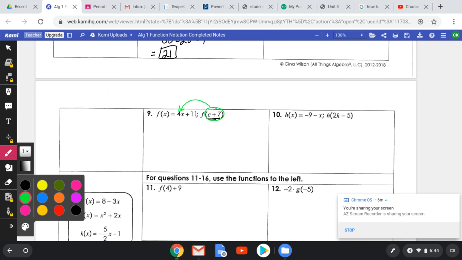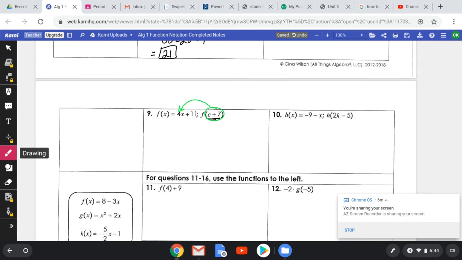So what that means is that instead of having 4x plus 11, I'm going to replace x with c plus 7. So this is really going to be 4 times the quantity c plus 7, plus 11. And yes, you do have to simplify as much as you can.